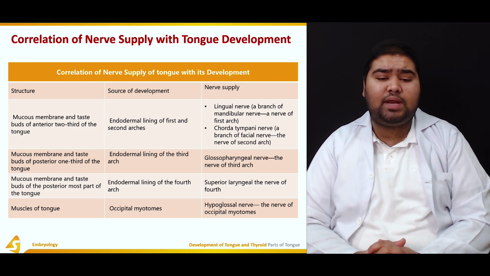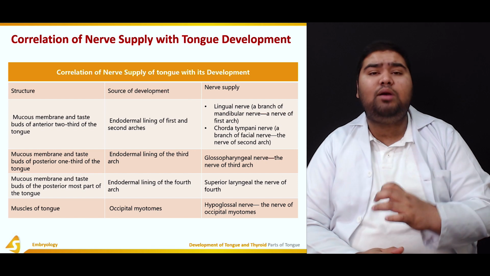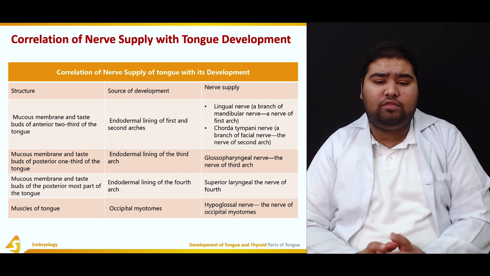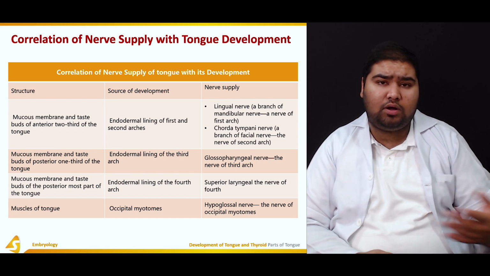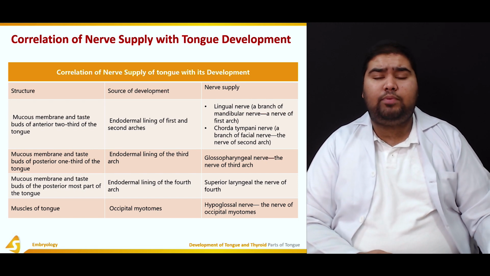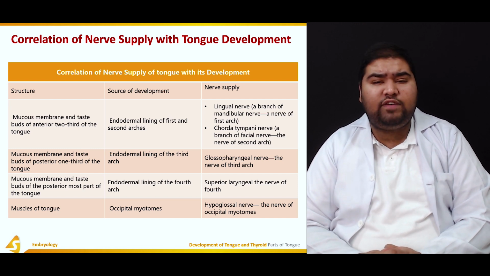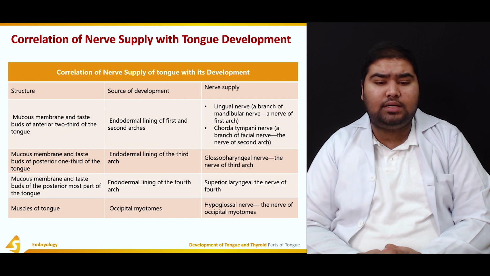Now the mucous membrane and taste buds of the posterior 1/3 of the tongue develop from the endodermal lining of the third pharyngeal arch, because they are formed by the cranial component of the hypobranchial eminence, and they are supplied by the glossopharyngeal nerve, which is the nerve of the third arch.